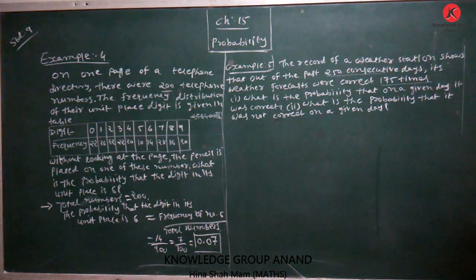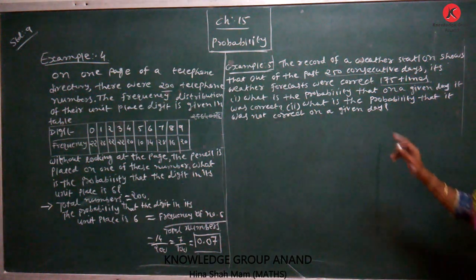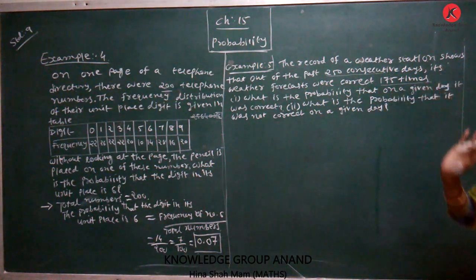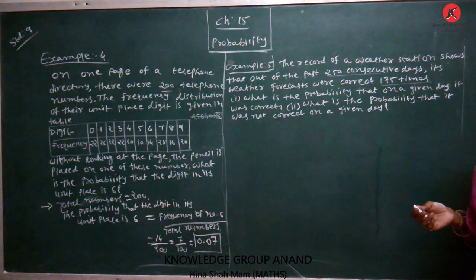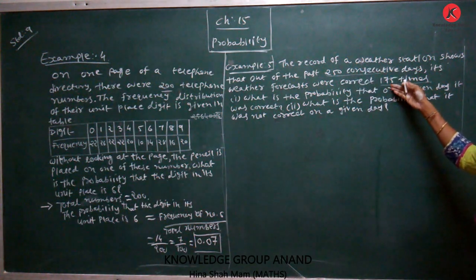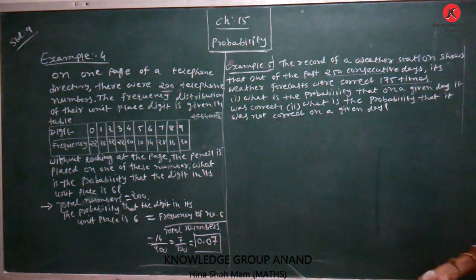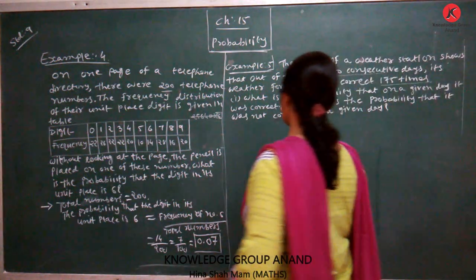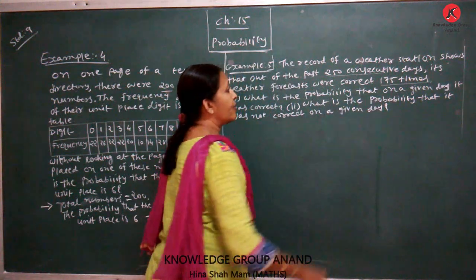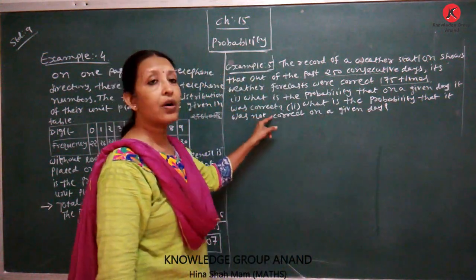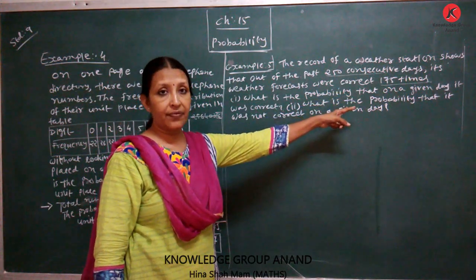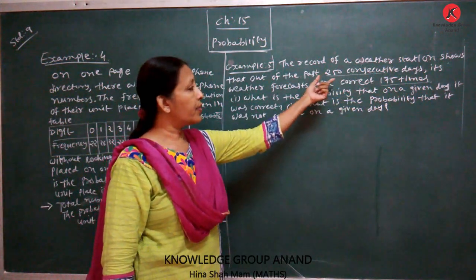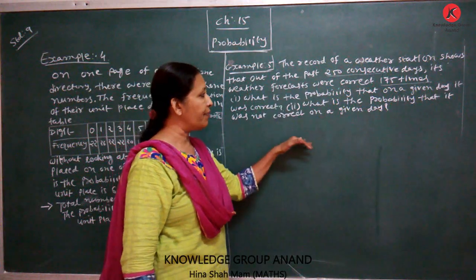The report is given for 250 days, and there are 175 times it is correct. Then how many times is it incorrect? 250 minus 175 is equal to 75 times incorrect. What is the probability that on a given day it was correct? The correct number is 175 upon the total number 250, and then simplify.